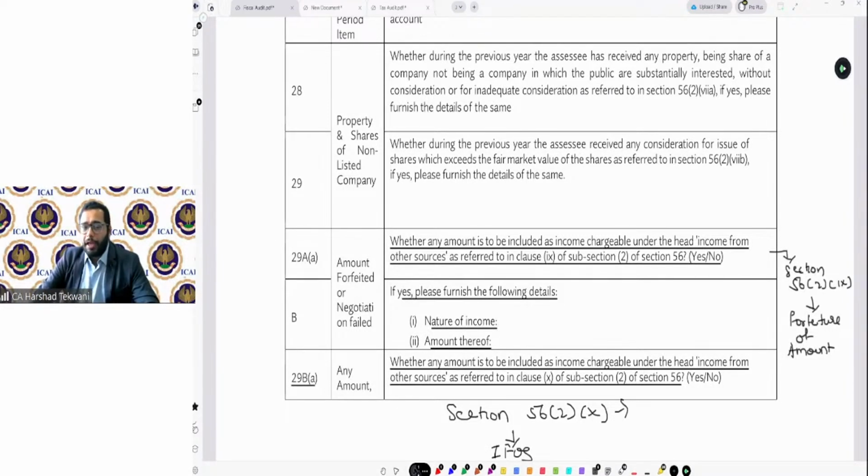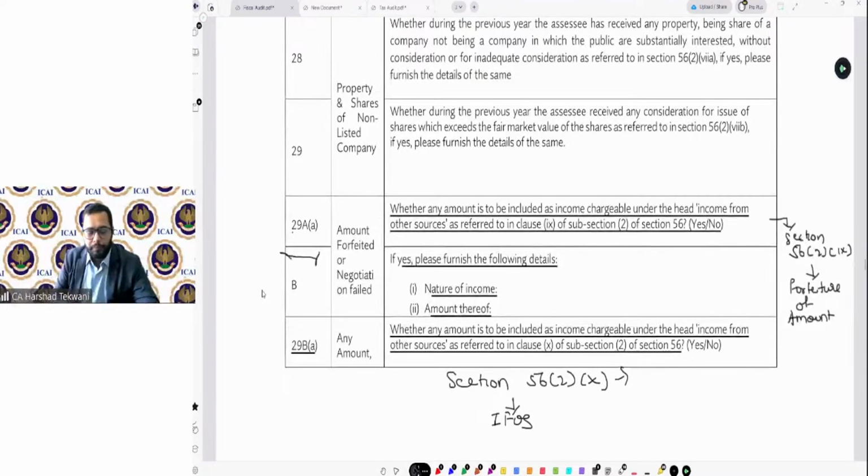That becomes your income from other sources under clause 9 of subsection 2 of section 56. So that is 29AA. Earlier we saw 29BA, now this is 29AA. Clear? That is 29AA. Okay.